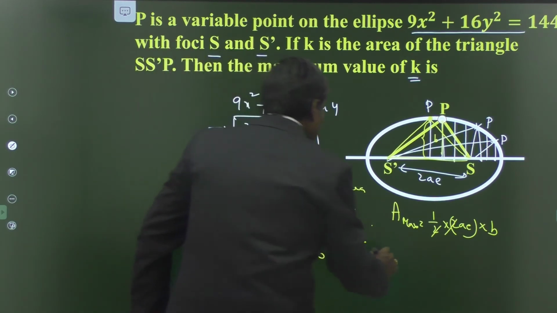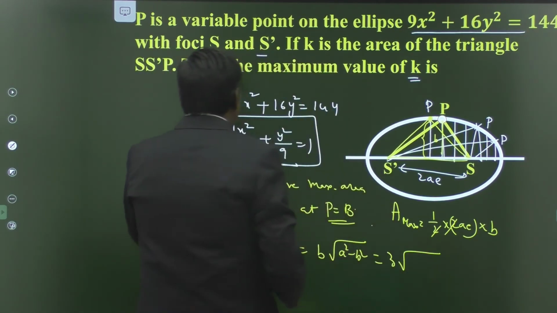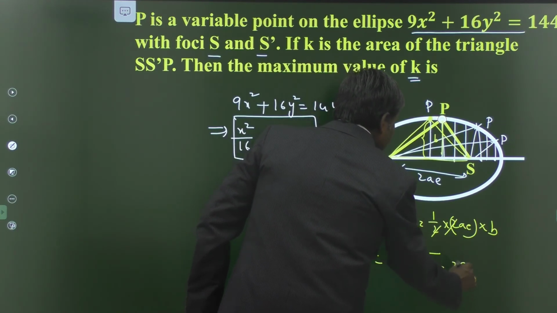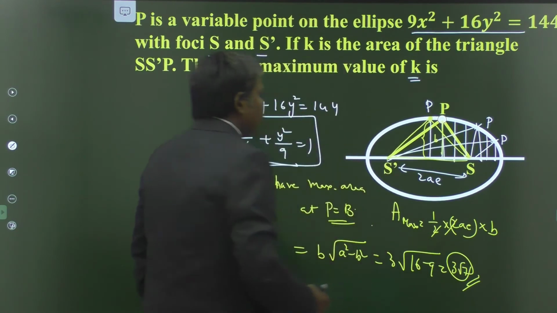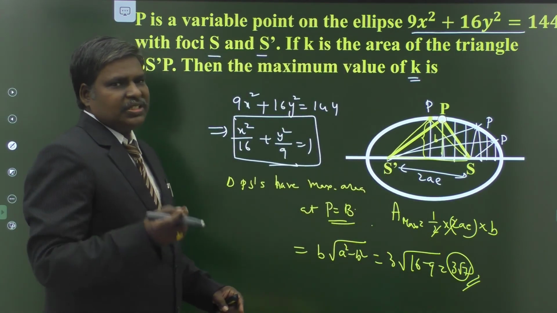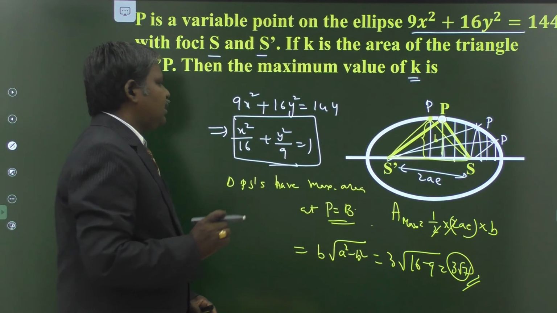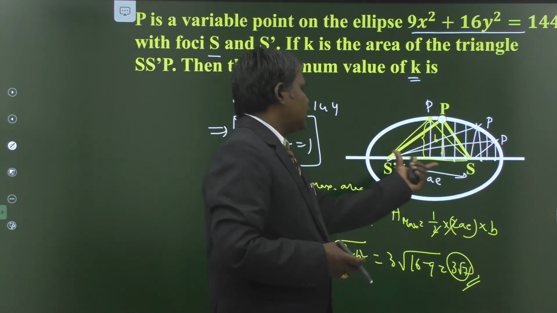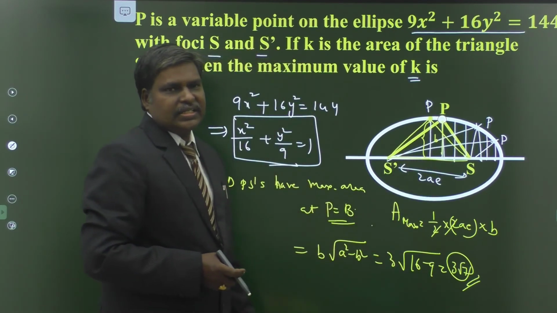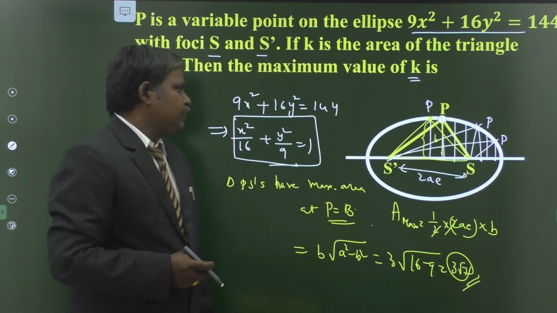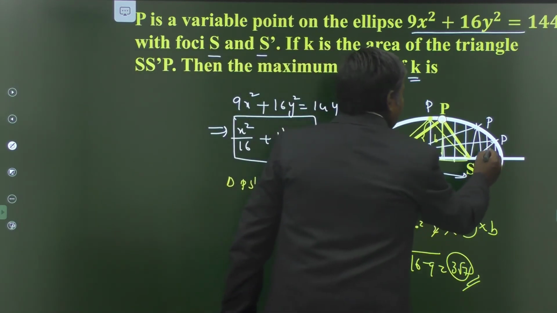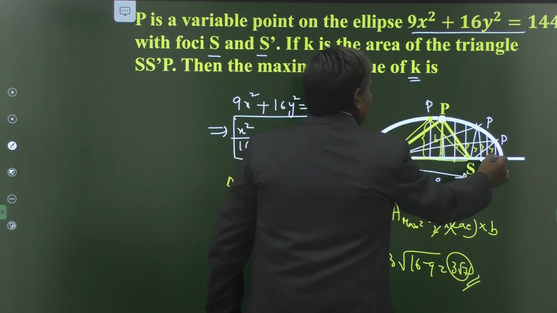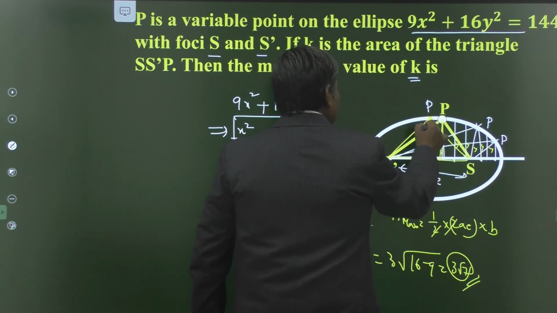What is b? 3 units. Root of a square minus b square: 16 minus 9, that is 7. 3 root 7 is your required answer. So in this problem, the simple logic is when the height of the triangle is maximum, you get the maximum area, because your base SS dash, that is 2ae, is fixed. So the height is increasing up to b from 0, and after that it will again decrease.